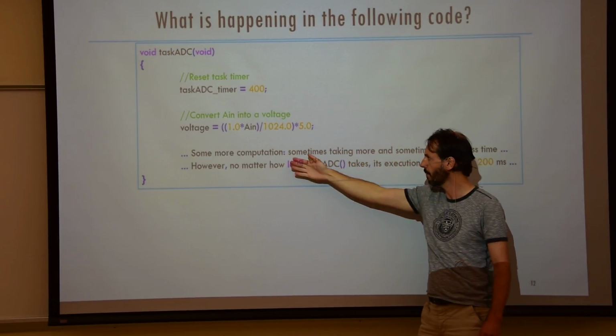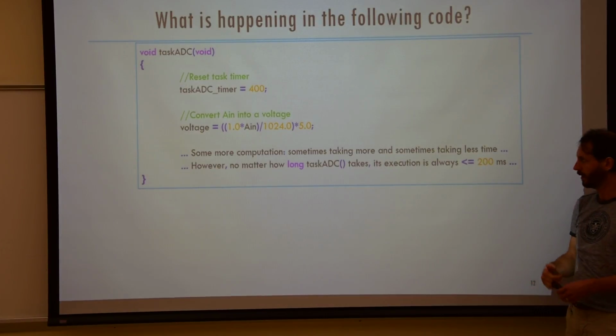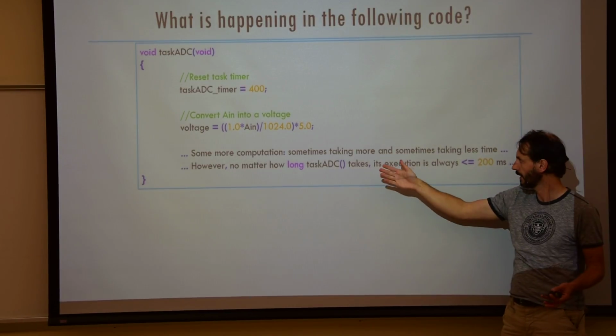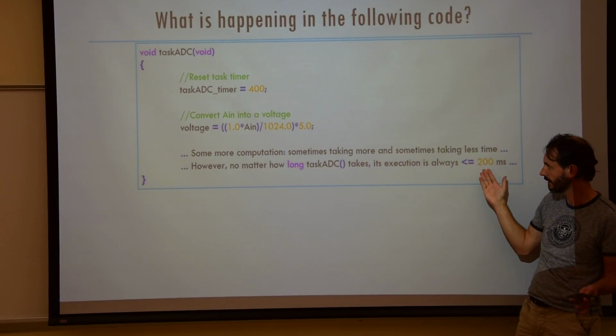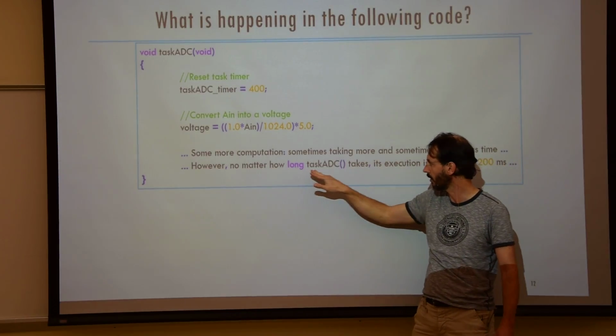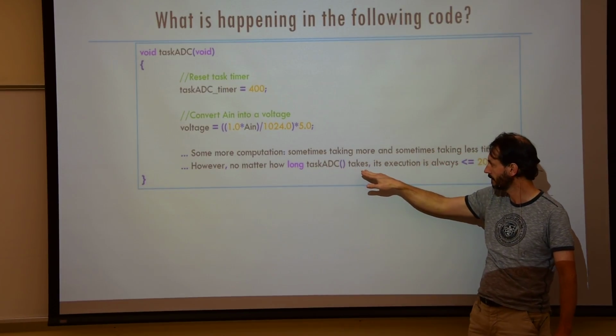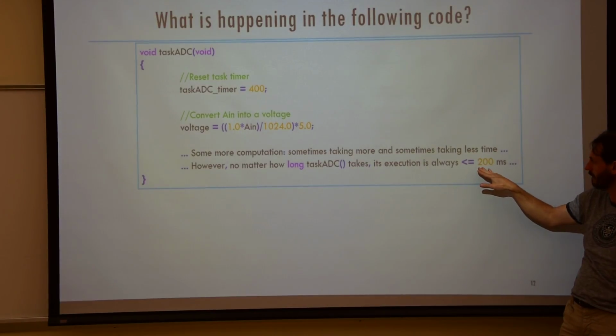And you do some more computation. Let's say it sometimes takes more and sometimes less time. Let's say no matter how long the task actually takes, it always takes less than 200 milliseconds. Why do we do that?